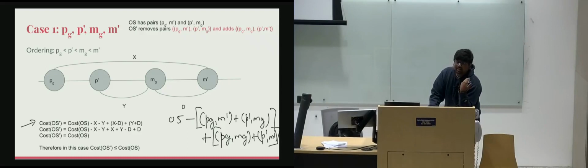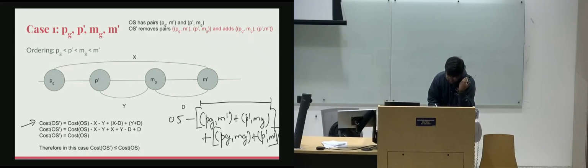Now let's try and see what is the total cost of this whole thing. So let's check this one first. The distance between PG and M prime, what is it? PG and M prime, it is x, right? The distance of these two is x. So what is the distance between P prime and MG? The distance between P prime and MG is basically y here, right?